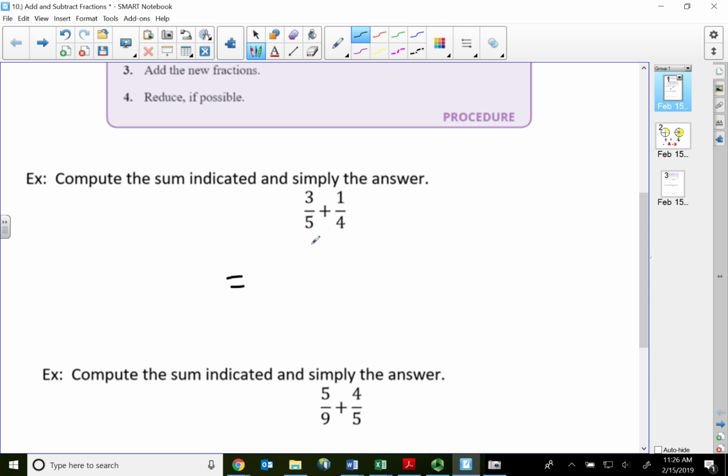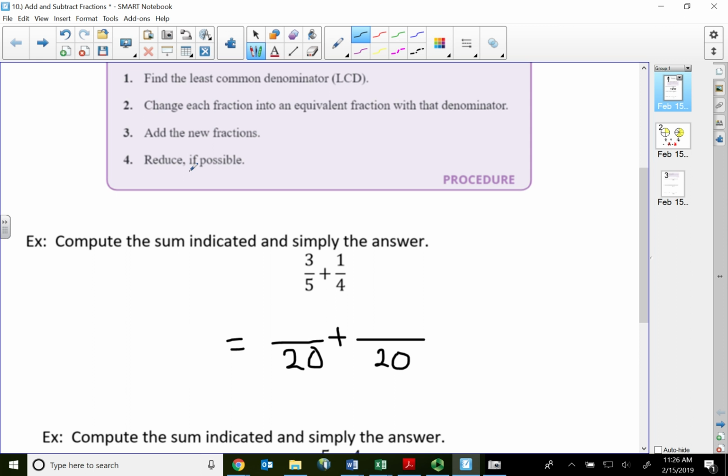I have 2 different denominators. The least common multiple between 5 and 4 will be 20. To make my denominators the same, I will cut them into 20 slices of pizza.